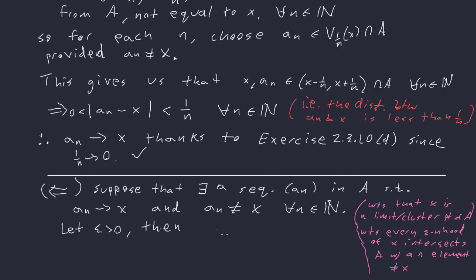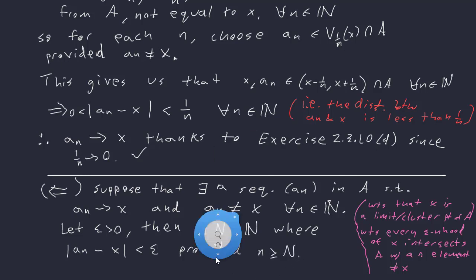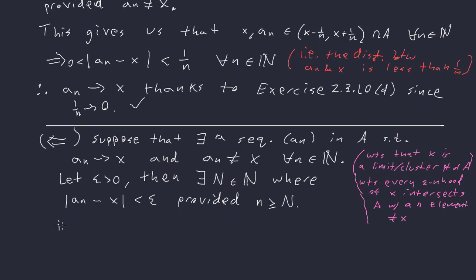Then there exists a capital N in the naturals where the absolute value of a_n minus x, so the distance between a_n and x, is strictly less than epsilon, provided little n is greater than or equal to big N. In other words, specifically, the absolute value of a_N minus x is less than epsilon.